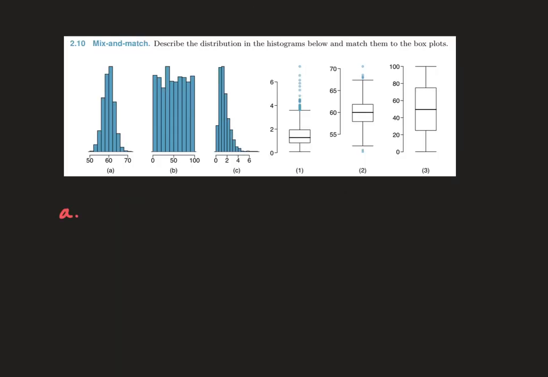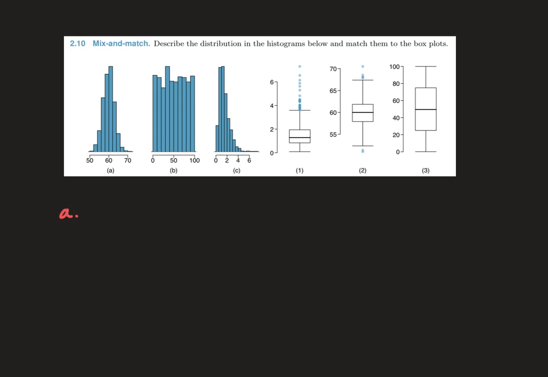Exercise 10 has us looking at some histograms and then matching them with the box plot and describing the distribution of the data that is represented in the histograms and the box plot. So we're going to start with histogram A. Ways to think about how you describe it are: how many modes does it have, and what is the shape of the histogram.